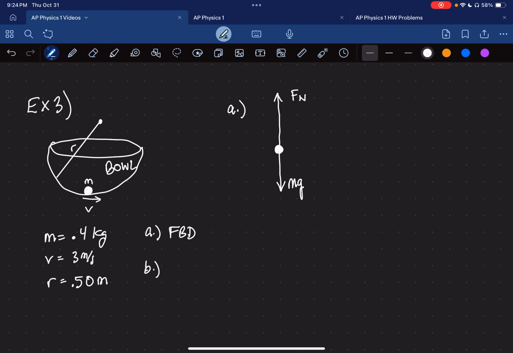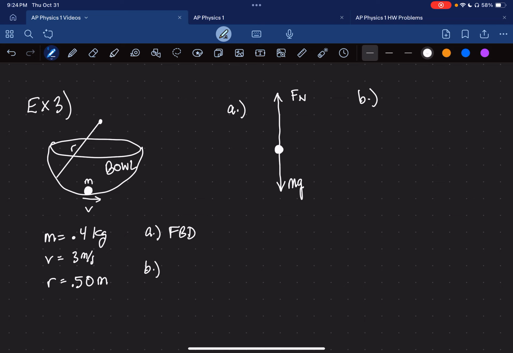Because the ball has a velocity, some of us think that there must be a force pushing to the right, but nope, there is not. Nothing is pushing it to the right in this case, right? The only forces pushing on this are the bowl pushing upward and gravitational force pulling downward.